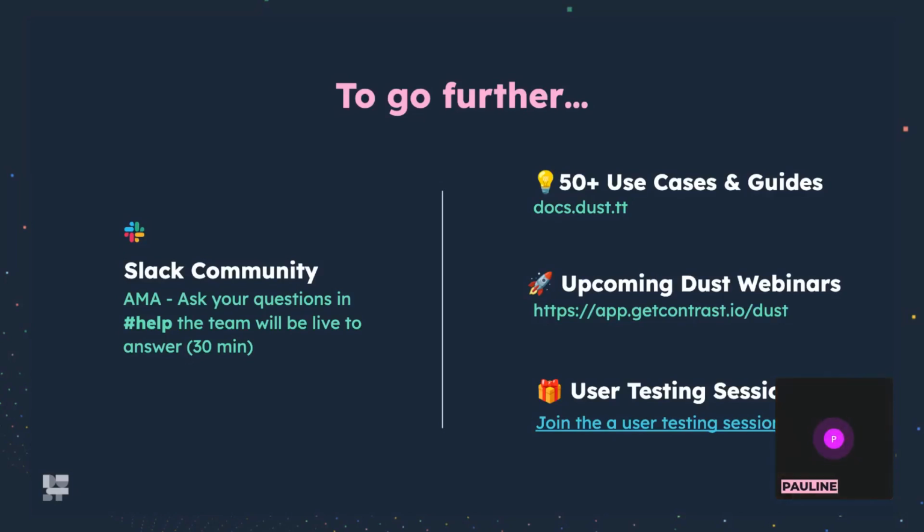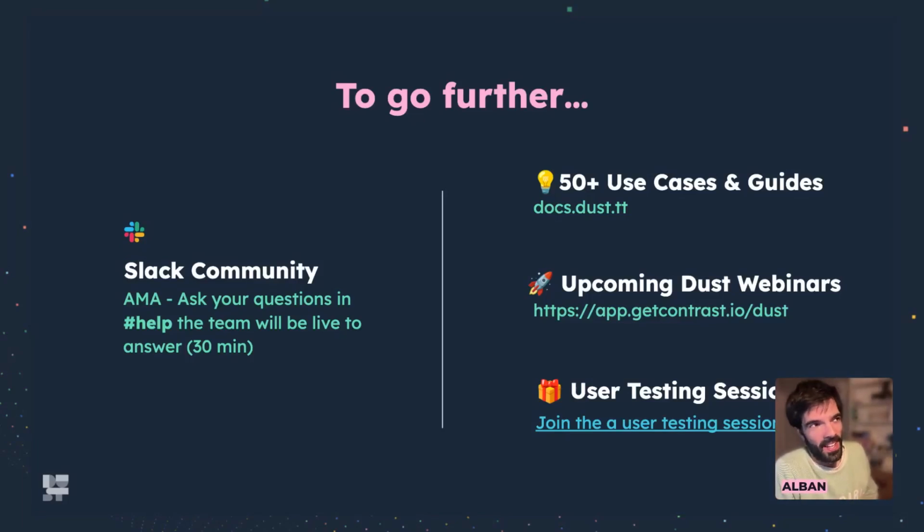Alban, there is a question from Florian: is there a public roadmap to see the cool features coming soon? Unfortunately not. We don't have a public roadmap, and it wouldn't be super useful to publish one, because we're a very small team, so our roadmap changes a lot as we adjust to the market needs and our user needs.